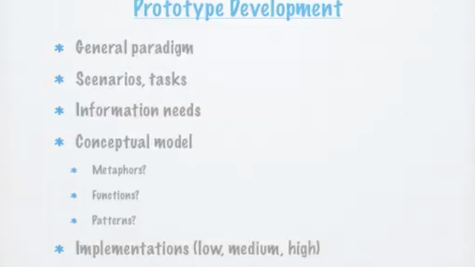The conceptual model, metaphors, functional patterns, that is just coming up with ideas, throwing them out there, trying them out. And then the implementations, that goes back to the low, the medium, and the high fidelity I discussed earlier. That's just going through each of them, the sketches, then bringing in some higher technology, and that sort of thing, and bringing all of them in at some point.